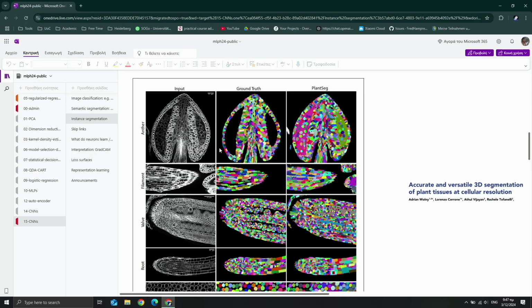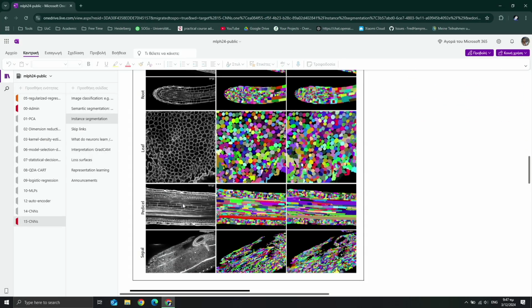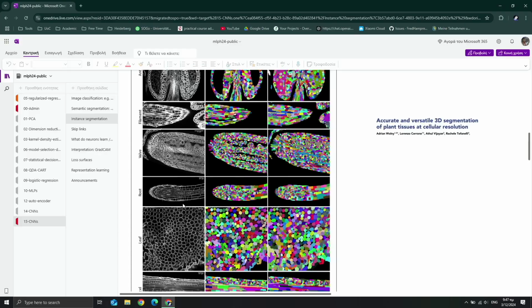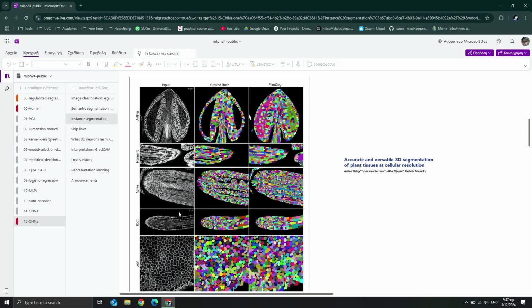other. So these are different parts from different plants, but to analyze how they develop their shape during development, it is useful if you are able to segment these.